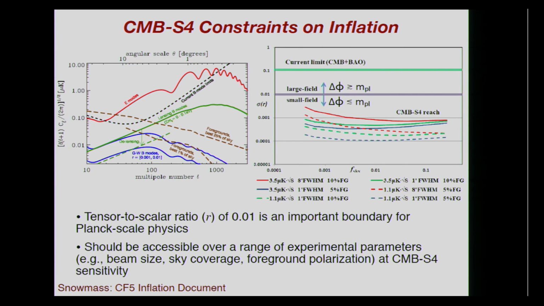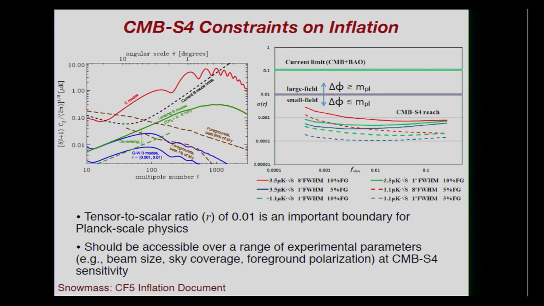So how good was CMB-S4 in terms of inflationary constraints? Our goal was really this sigma(r) of 0.01 level, which is important because it's an important boundary for inflation, and it corresponds to Planck-scale energy physics.